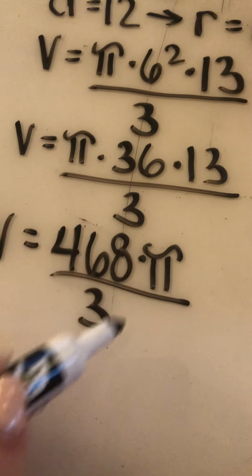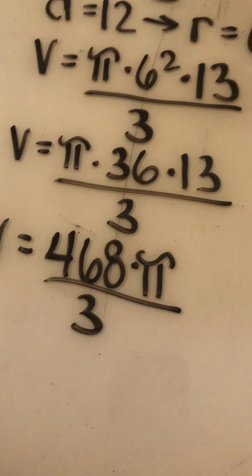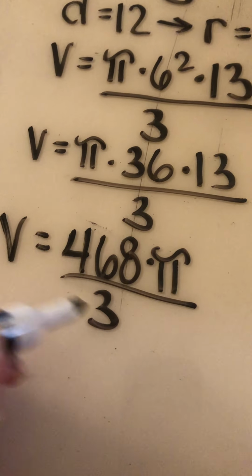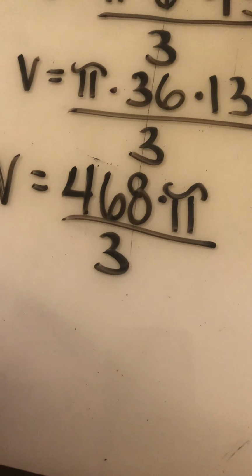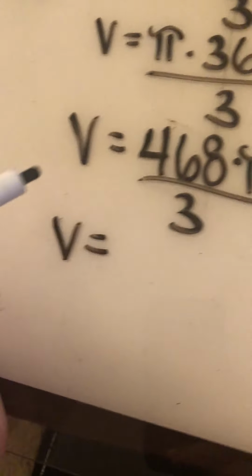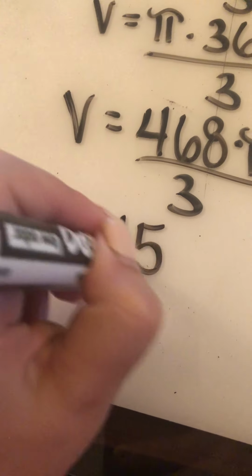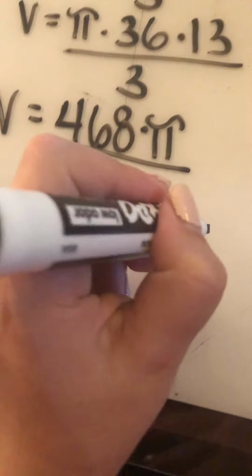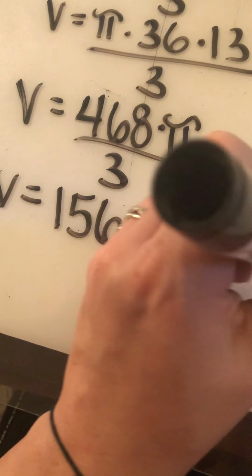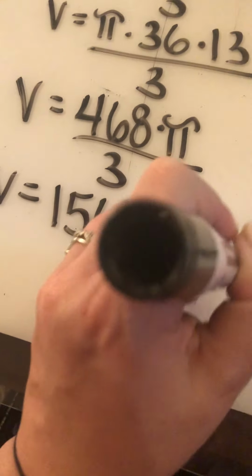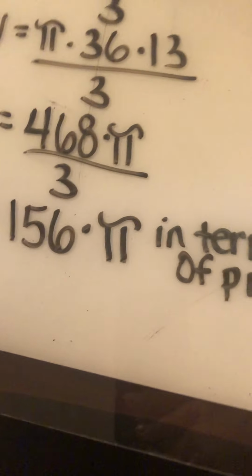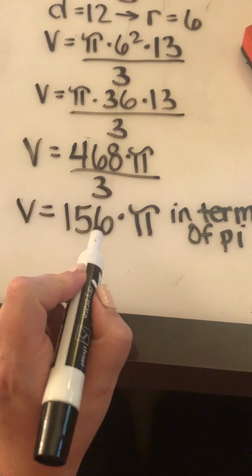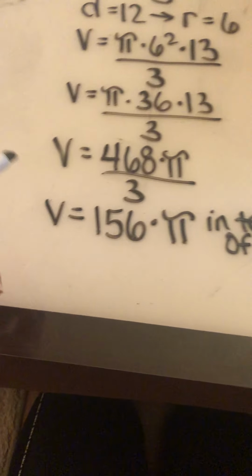Then I look at this fraction, I say, okay, can I simplify this? Can I make this a simpler fraction? Which I can. 468 divided by 3 equals 156. Okay, so there's our answer in terms of pi. But we are asked to round to the nearest tenths again. So we're going to take that extra step and multiply 156 times pi.